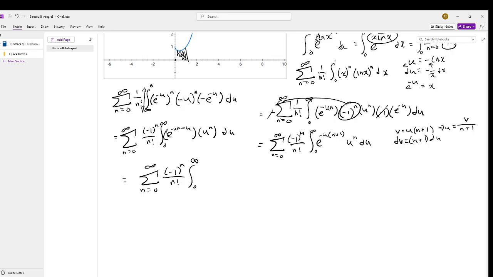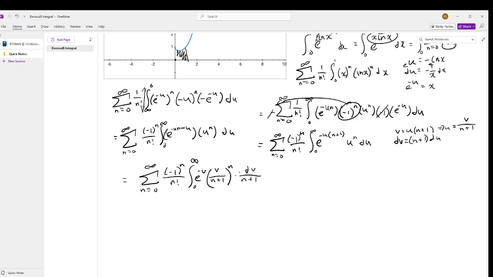Because our v was u times n plus 1. And what was our u? Our u was v over n plus 1. So we're going to get v over n plus 1 all to the power of n. And then our du was dv divided by n plus 1.